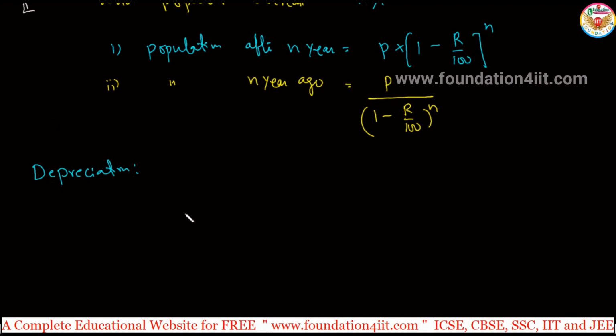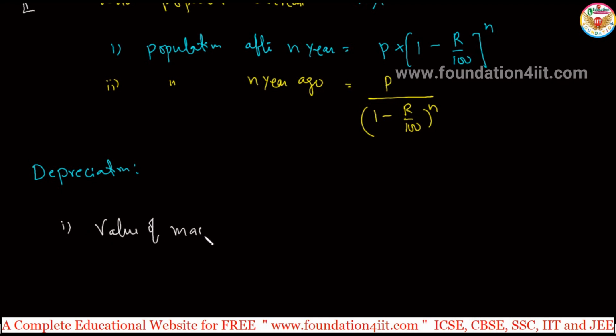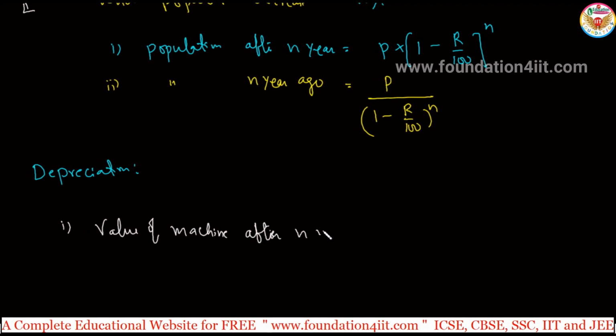Depreciation is the value of a machine or an article decreasing every year. So let the rate of depreciation be r%. For example, the value of the machine is decreasing every year at a certain rate. The value of the machine after n years: same as population decreasing, but in the place of P we take V, the value of the machine.